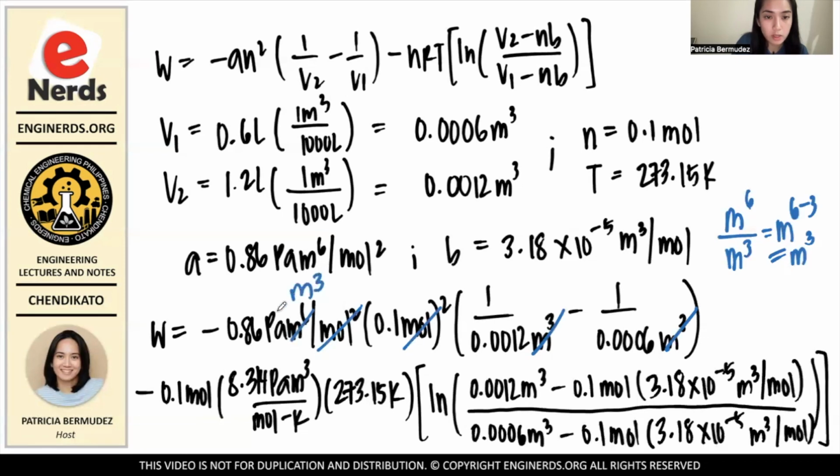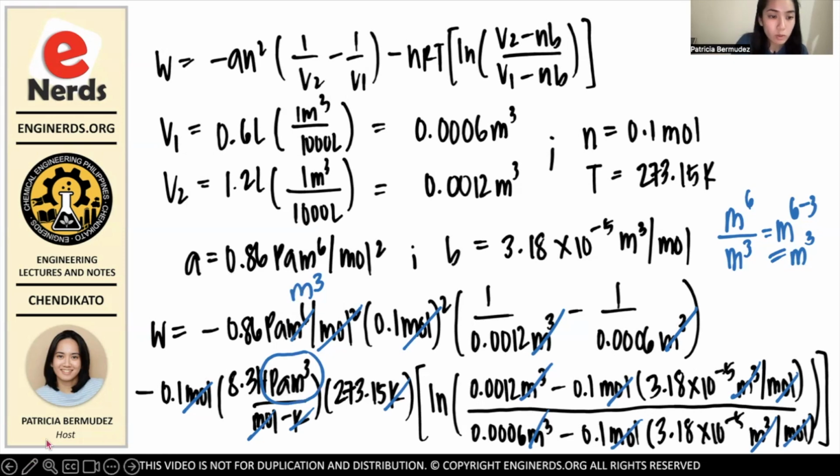And then, Pascal. So, Pascal meter cube. How about here? Mole will cancel, Kelvin will cancel. Inside the Ln, the mole will cancel, and this is considered as 1 meter cube, and there's also meter cube underneath, so all of that will cancel. And what's inside the Ln is unitless. So, what's left? Again, it's Pascal meter cube. So, the unit of our work is in terms of Pascal meter cube, which is joules.